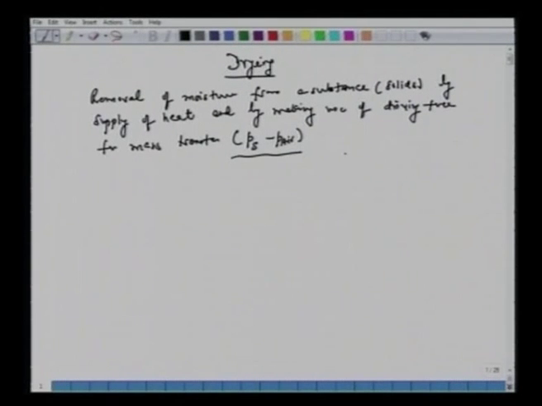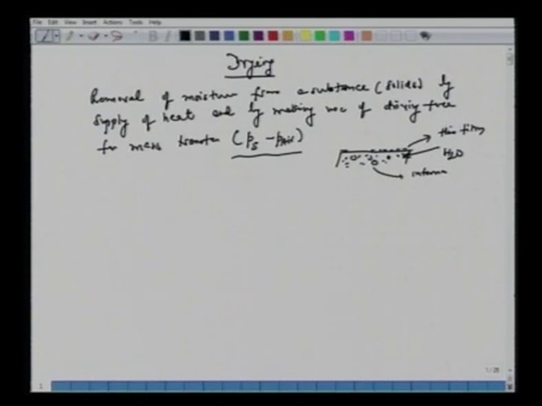So we are talking of a solid surface. Let's say this is some sand or some granules, and this contains moisture. When we say that it contains water, this moisture could be inside, in the interior, or it could be covered with a thin film of moisture.